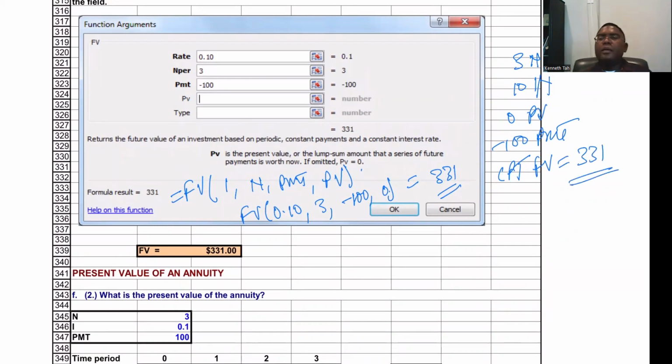So that is how we will do this problem using the financial calculator. So that is the future value of an ordinary annuity.